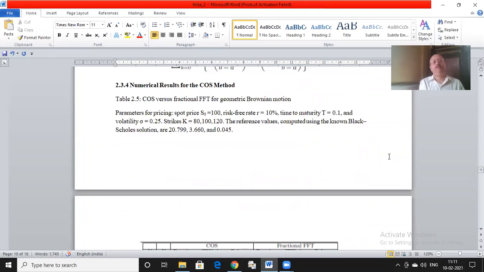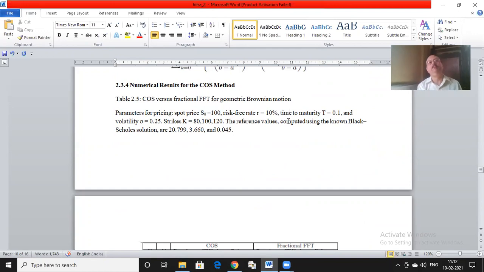All right. So let me then talk about some of the numerical performances. This table 2.5, these are all from the book, so you can look at the book also. Table 2.5 is a performance comparison between cosine and fractional FFT for the geometric Brownian motion.